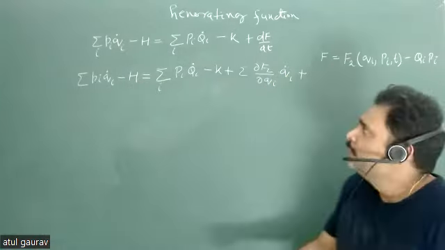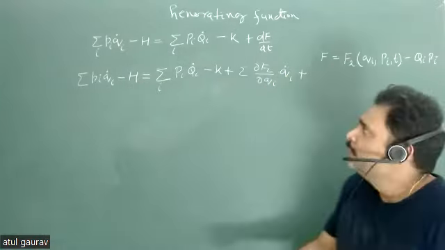You see, in F1 type generating function, what did we do? We equated small q dot and capital Q dot. Here we have to equate small q dot and capital Pi dot. So that is why we have to introduce capital Pi dot in our calculation, and that is why we have taken this term, and you can see these two are cancelling out. And now you can easily equate each and every coefficient.